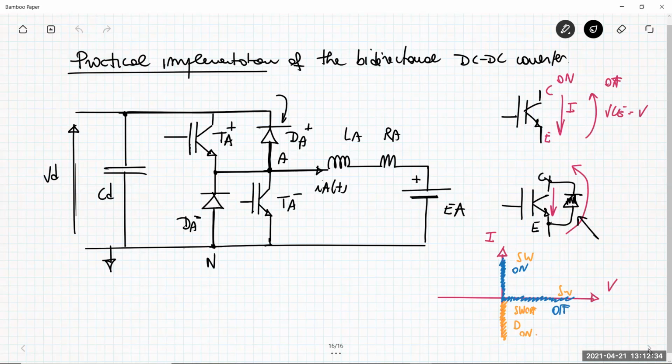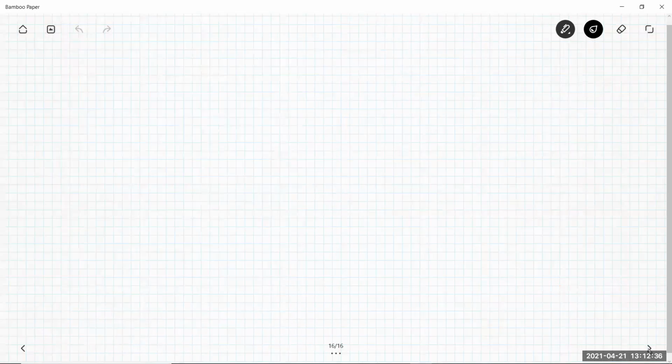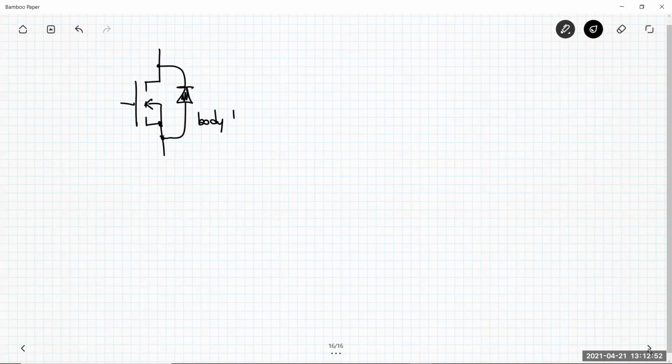The MOSFET has the characteristic that this diode is intrinsically included in the MOSFET itself. This diode here is the body diode. So the MOSFET is intrinsically a bidirectional device that is able to manage different directions of the current flowing through it by the body diode.